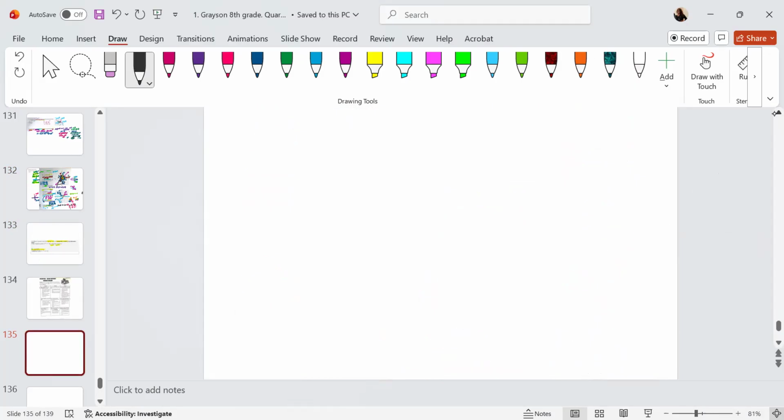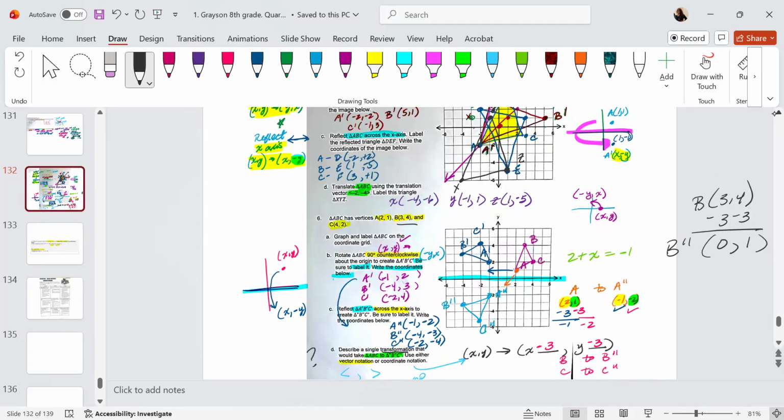This one was more than that. You didn't just slide over. You rotated it 90 degrees, correct? I don't think there's any way you could actually slide it back over there. You might want to ask them that before you start the test tomorrow.